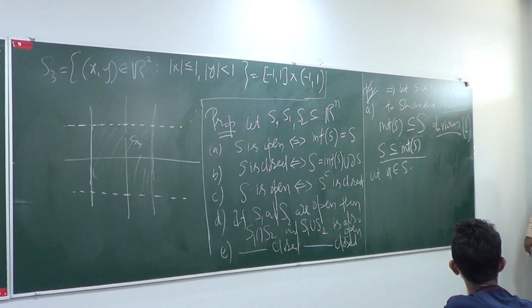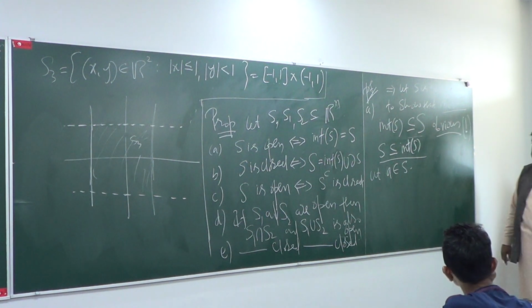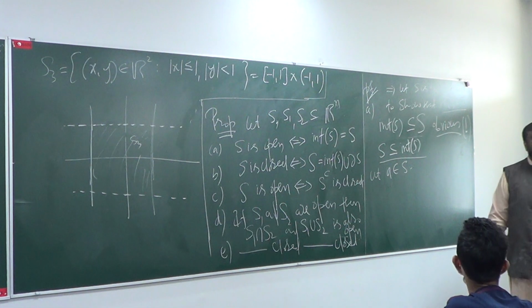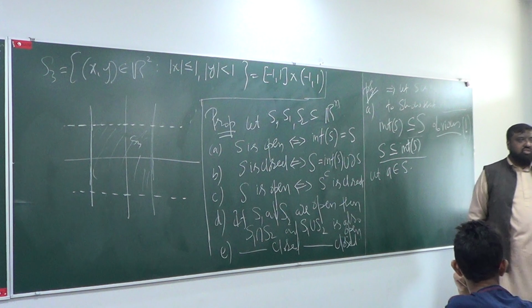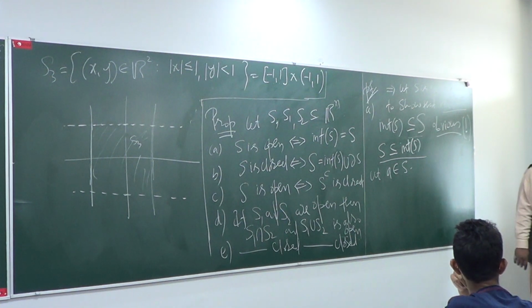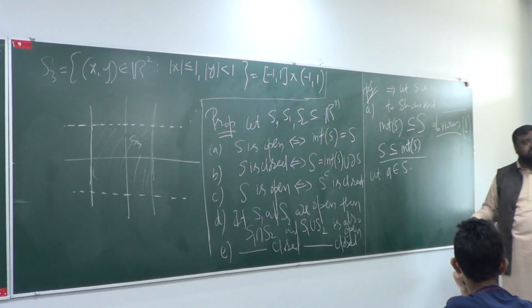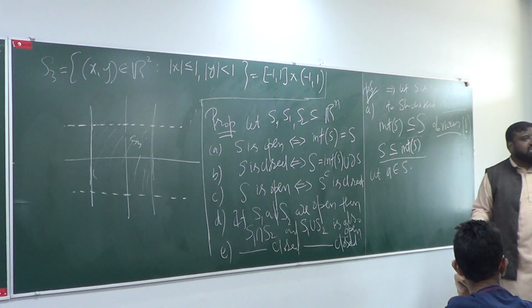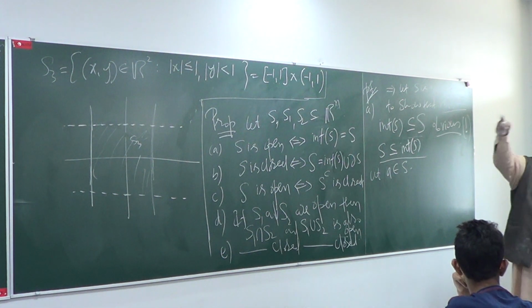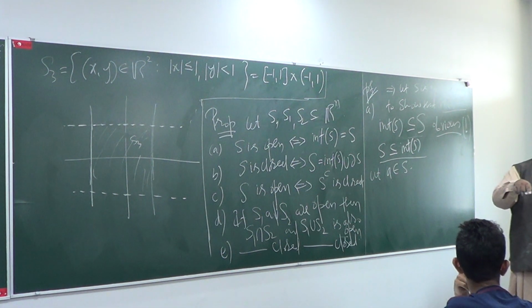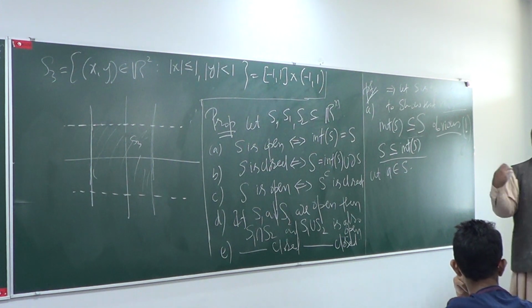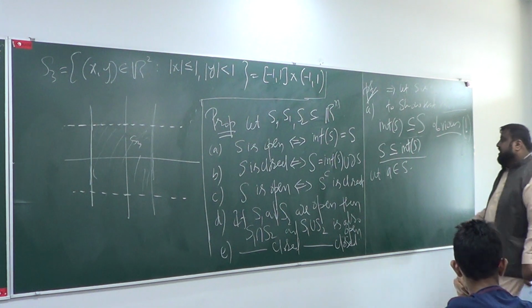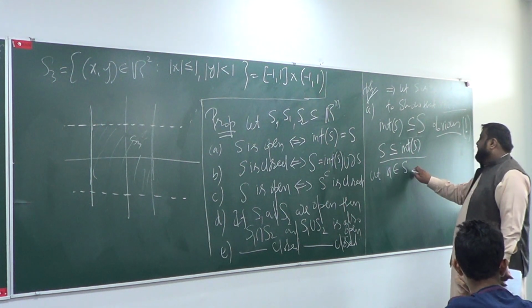Now, what do we know about S? It's an open set. And what's the definition of an open set? If you have a point in an open set, you can draw an open ball around that point, at the center, with some radius r, such that the ball is contained entirely in the set. So let A be a point in S.